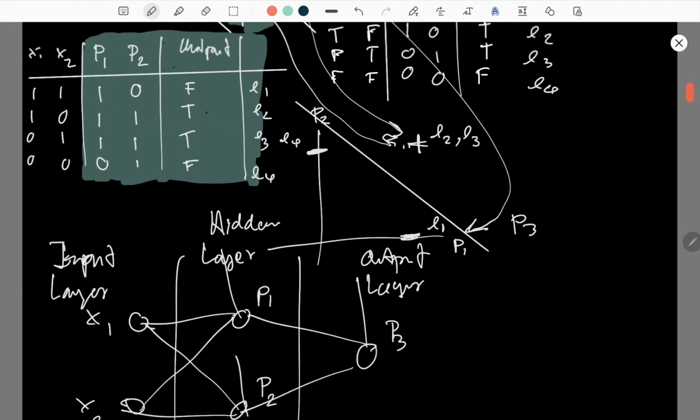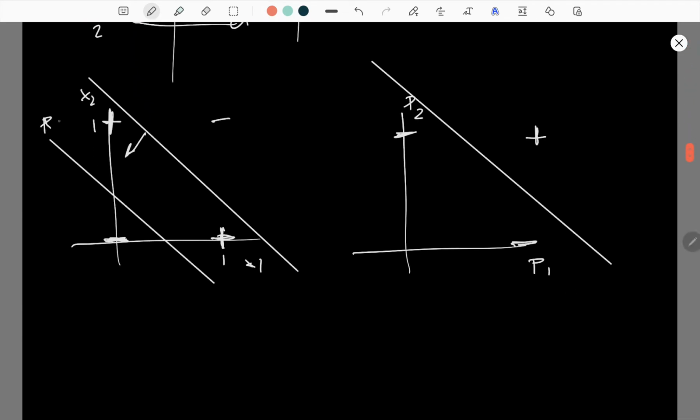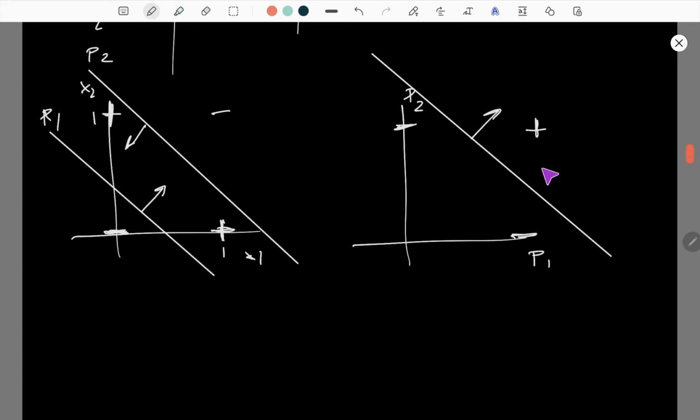This one is P1, this one is P1, this is P2. So the direction that will be classified as the positive one is shown using the arrow, the direction of the arrow, and this one is the same. Okay, for P3, this one is P1 and P2, and this perceptron is P3.